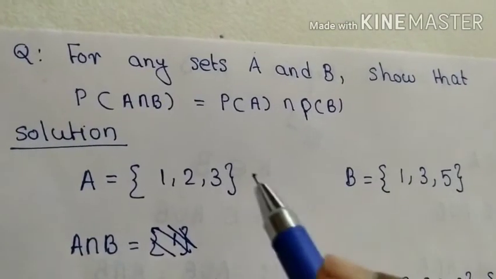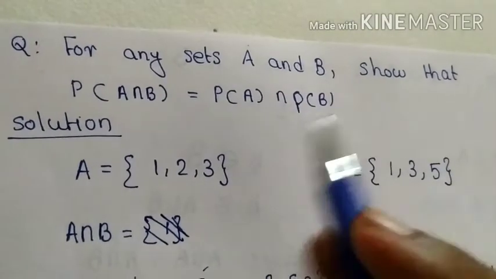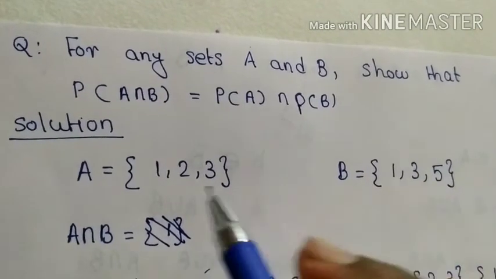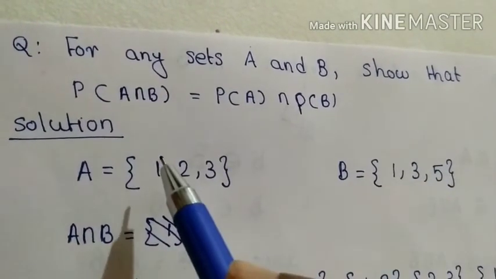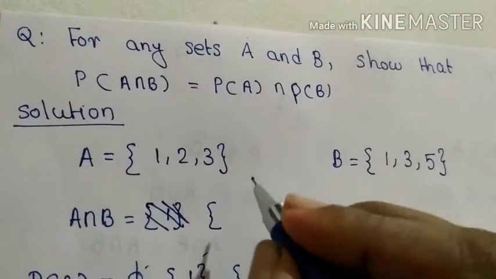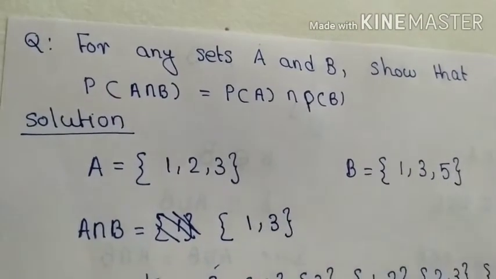Next I am going to find A intersection B. Intersection means the elements which are common to both sets A and B. Observing these two sets, 1 and 3 are common. So A intersection B is the set containing elements 1, 3.